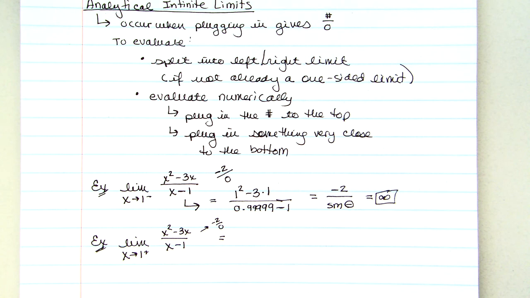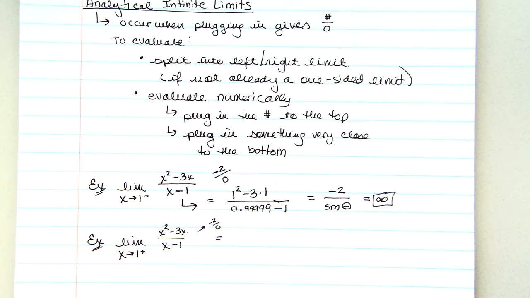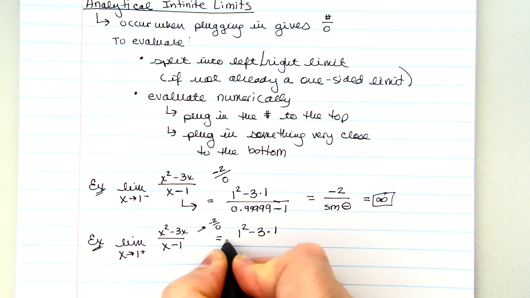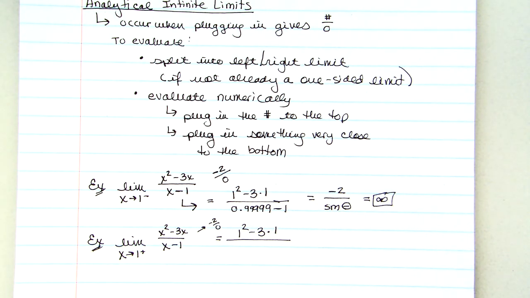Now, up top, you are not plugging in something close to 1. You actually are plugging in 1, because you can handle plugging that into the top. We're going to say 1 squared minus 3 times 1. I don't want to see 0.999s or something on the top. What should you plug into the bottom, though?